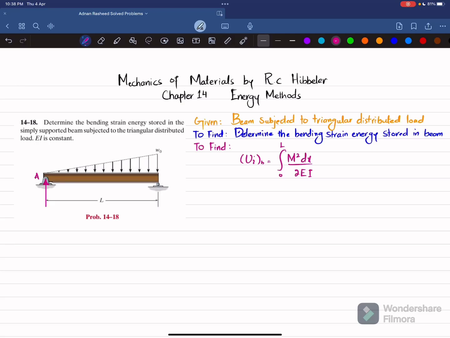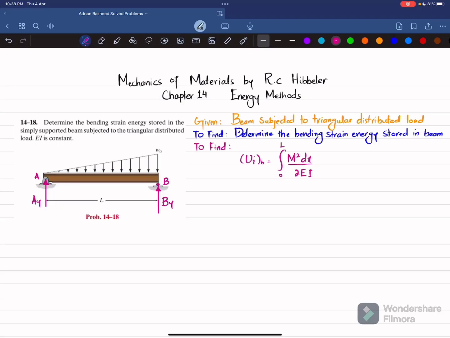Let this point be point A. So this reaction force will be Ay, and there is a roller support at this point B. And if you remove this roller support, there will be reaction force which will be equal to By. So first we will find this Ay and By by using equation of equilibrium.